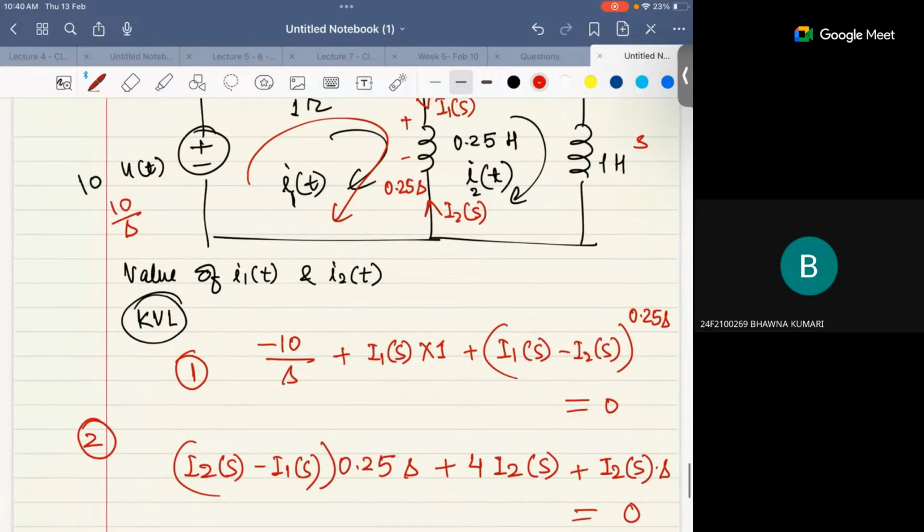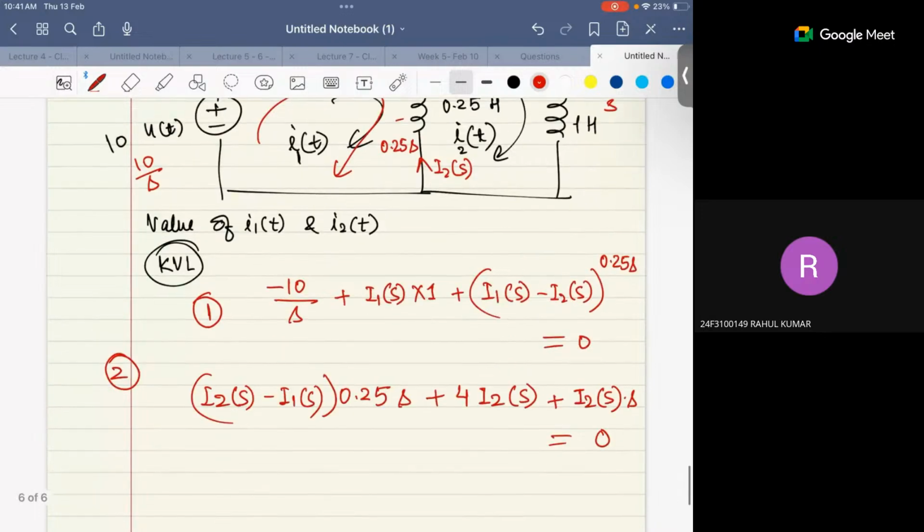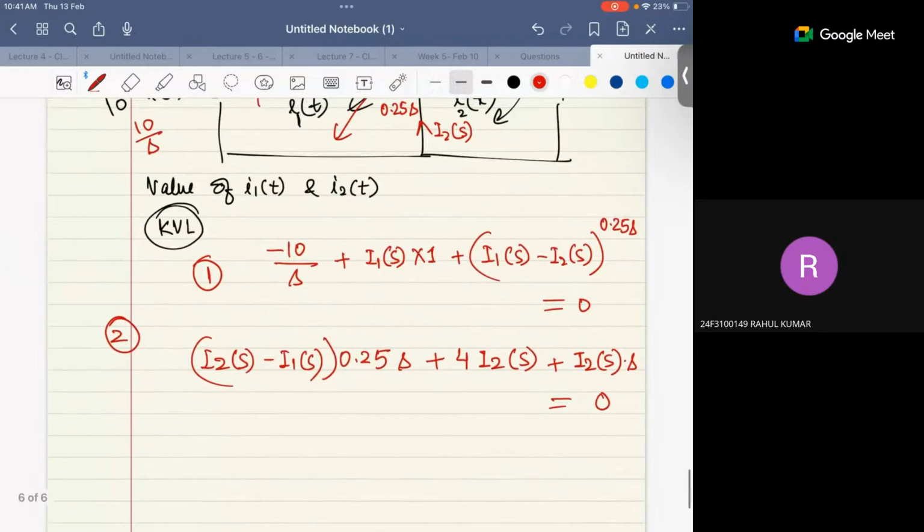If you add the first and second equations, 1 plus 2 itself, the I2(S) minus I1(S) times 0.25S terms will get cancelled out, right?